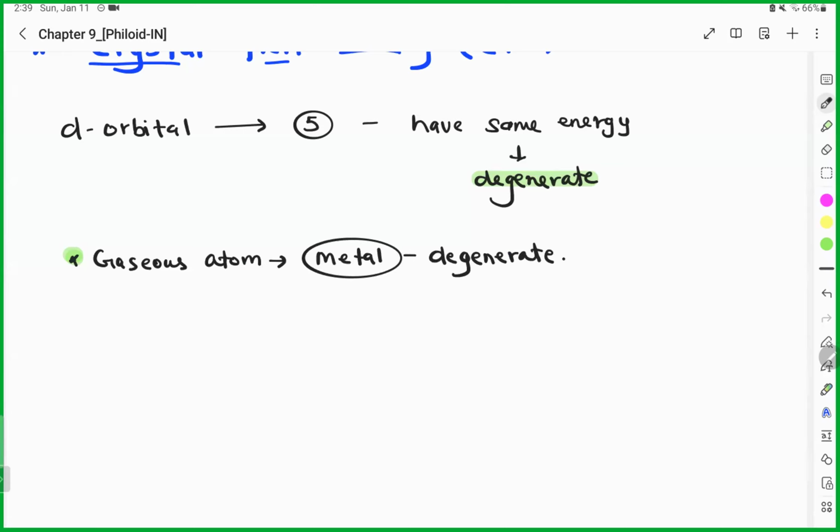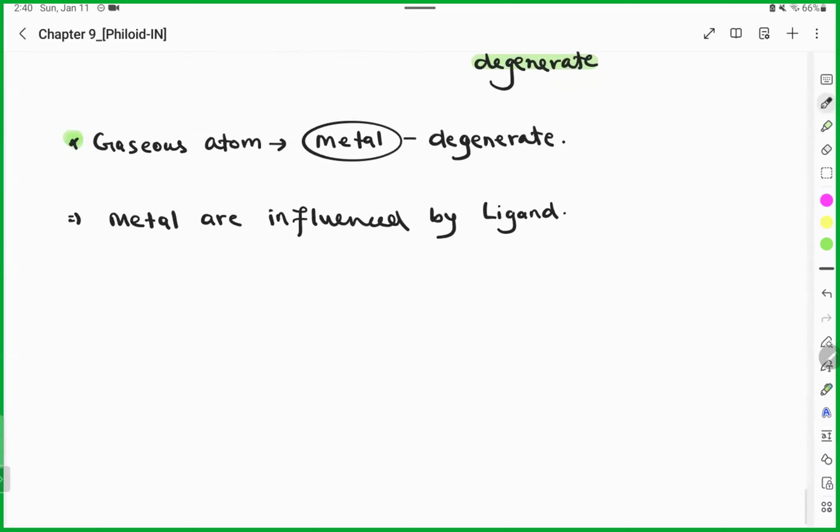But we know metals are influenced by ligands.